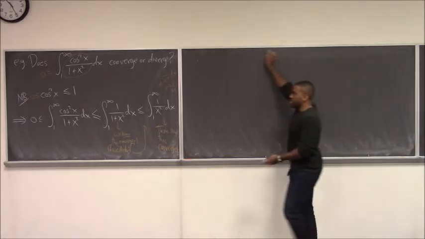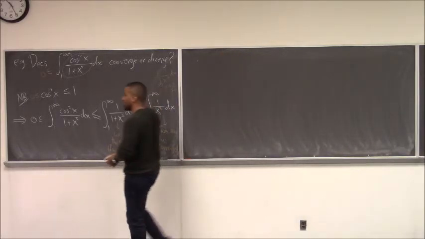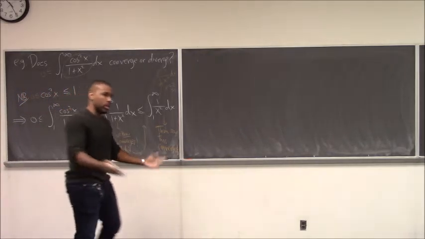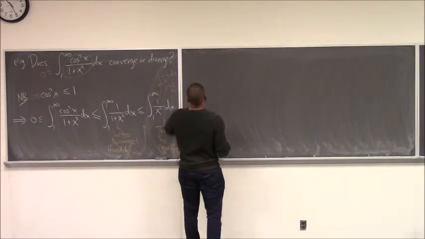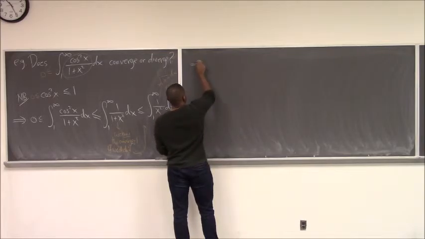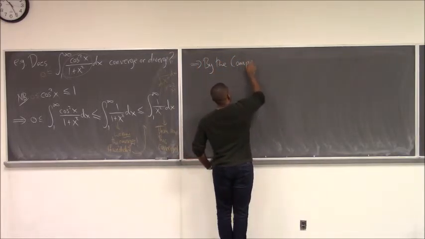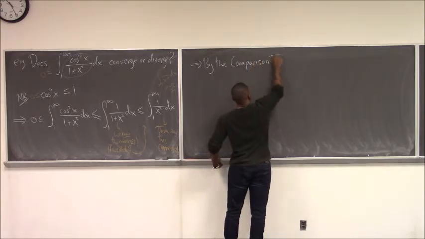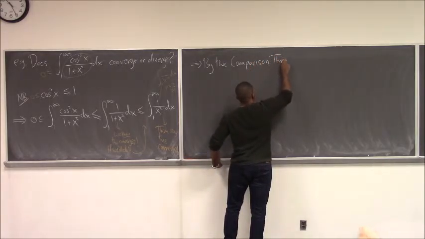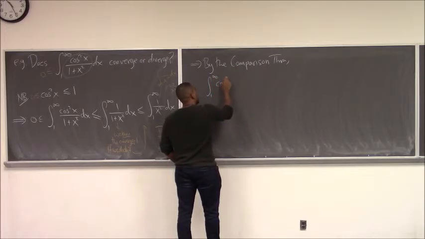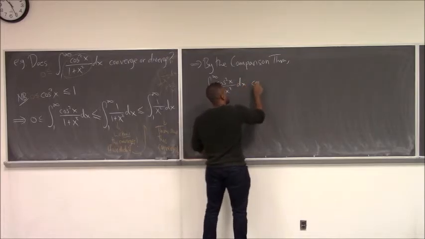And if this were an integral where approximating it takes a lot of computing power, it's worth just doing it, if it's very important for us to find it. So this means by a comparison theorem, this guy, whatever it is, converges.